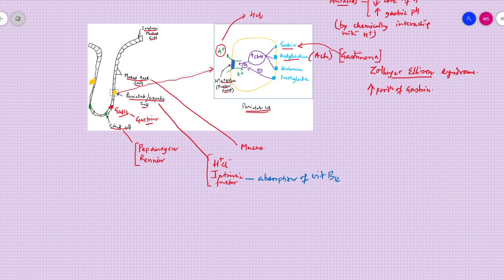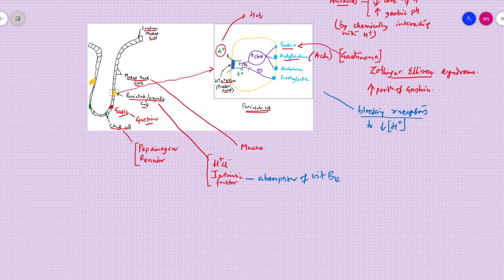But what we see here is that we are blocking receptors to decrease the concentration of protons. We are blocking the secretion by blocking receptors.